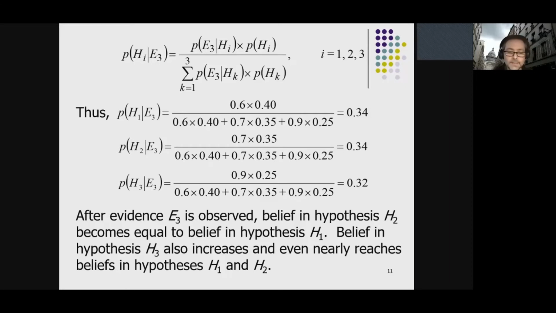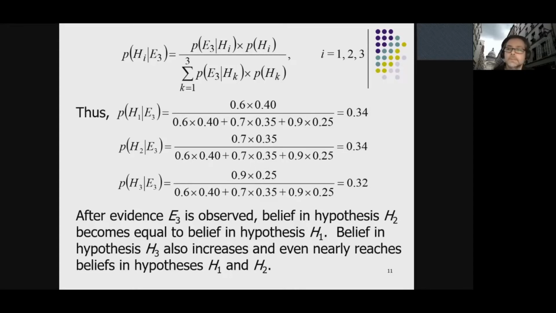Also, we find that the belief in hypothesis H3 also increases, and actually it reaches a value which is very close to the beliefs in hypotheses H1 and H2. So this is the first cycle, the first iteration, let's say, in the reasoning of the system.